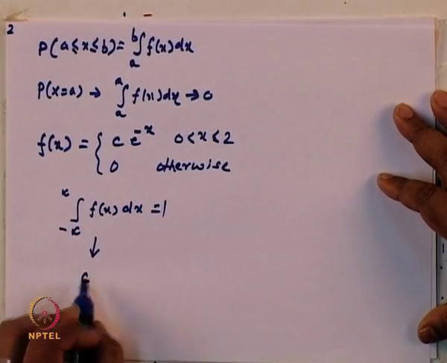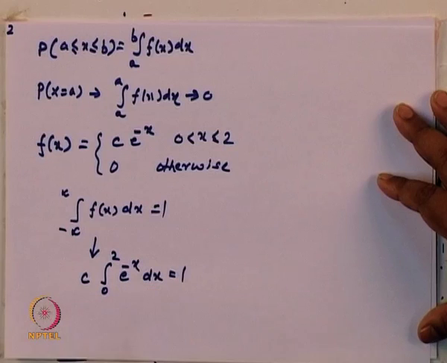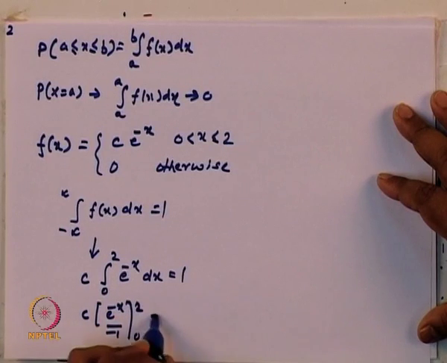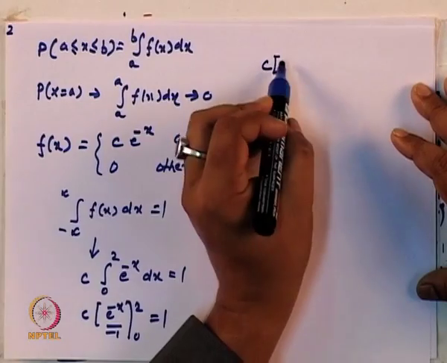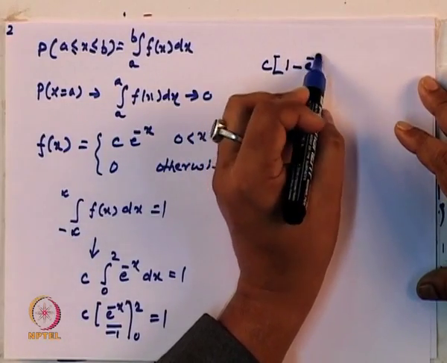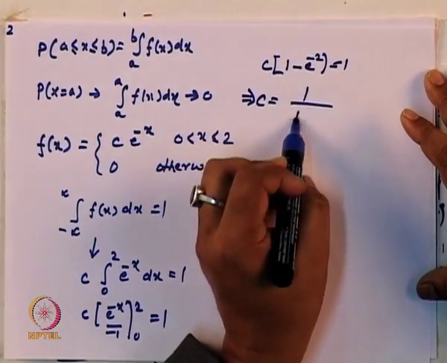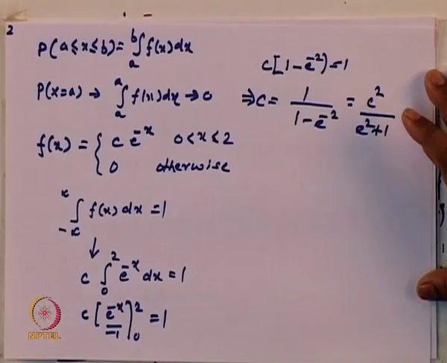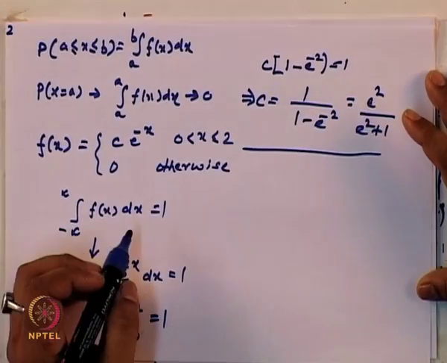So, this amounts to the integral of c e to the power minus x equal to 1. I can take c out. So, this I can simplify as c times (e to the power 0, which is 1, minus e to the power minus 2) equal to 1, implying c is equal to 1 over (1 minus e to the power minus 2). So, you have the constant as e square by e square minus 1.